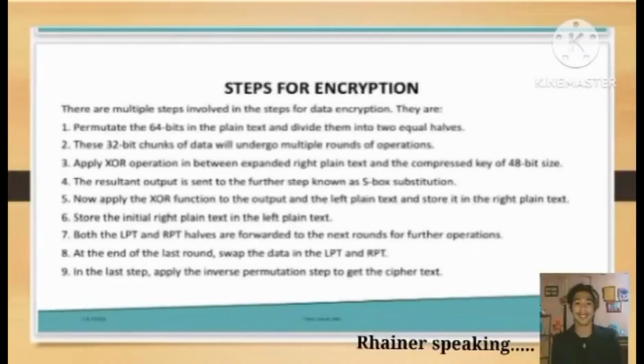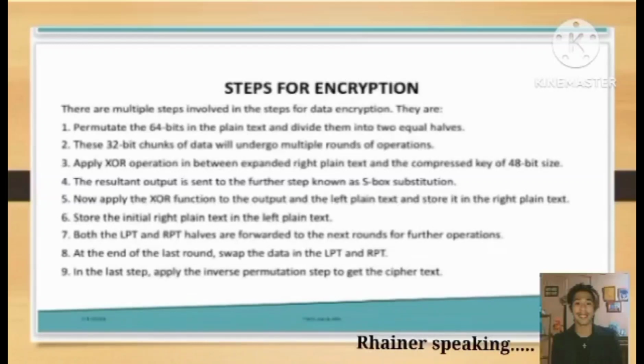Steps for encryption. There are multiple steps involved in data encryption. Number 1. Permutate the 64 bits in the plaintext and divide them into two equal halves. Number 2. 32-bit chunks of data will undergo multiple rounds of operation. Number 3.